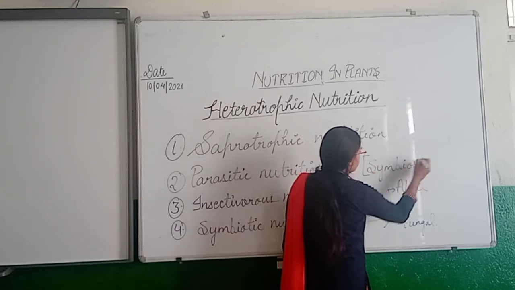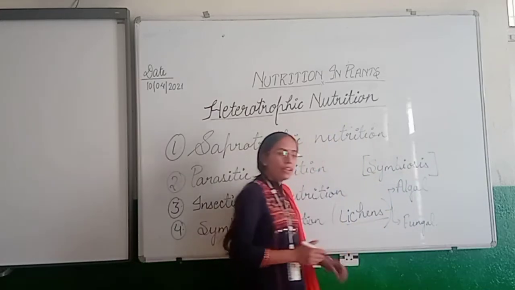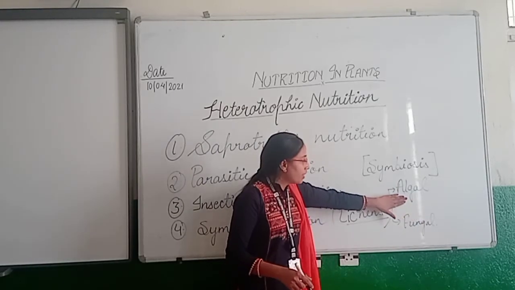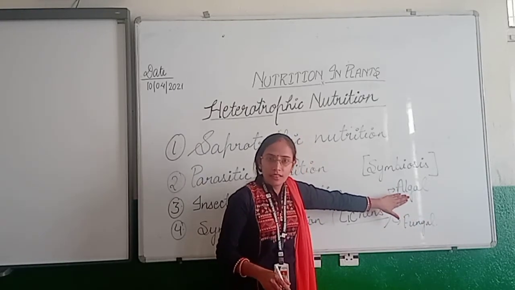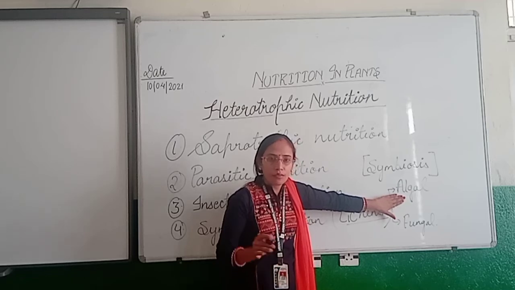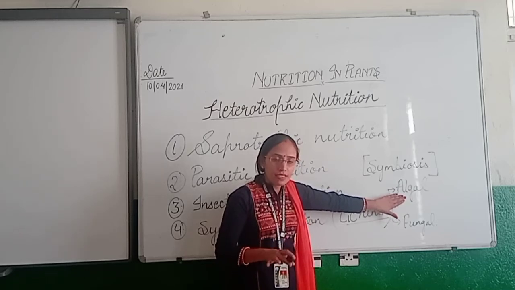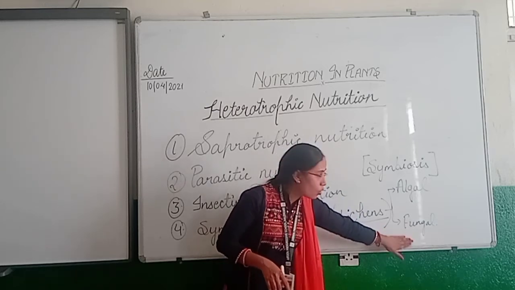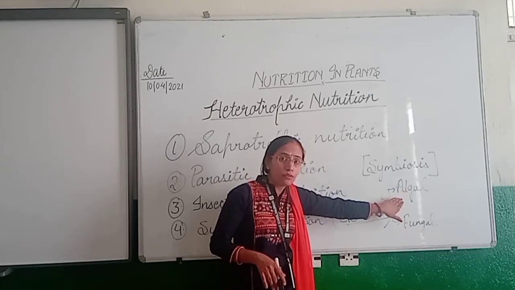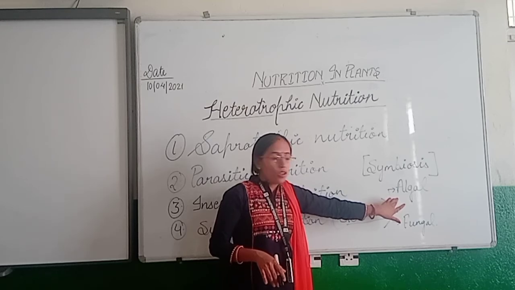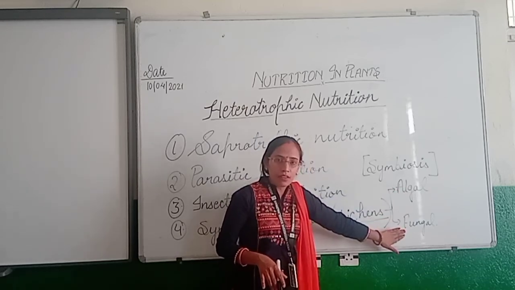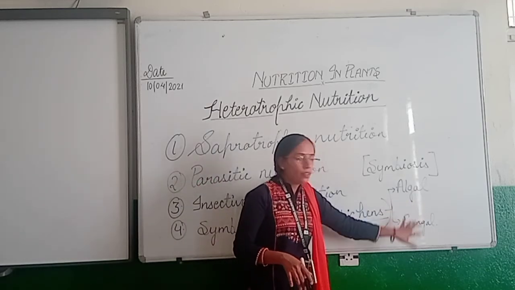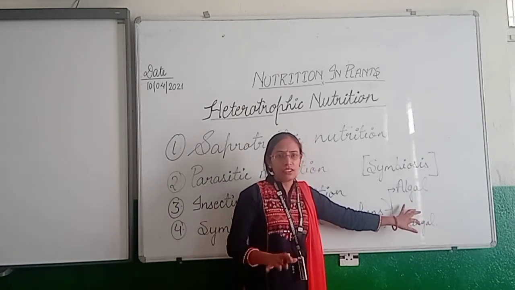And as for their process of taking nutrition, because algae is green, it is an autotroph, it makes its own food, and the fungi are heterotrophs, they depend on algae for their nutrition. So without algae, fungi cannot survive in the case of lichens. So they both depend on each other.